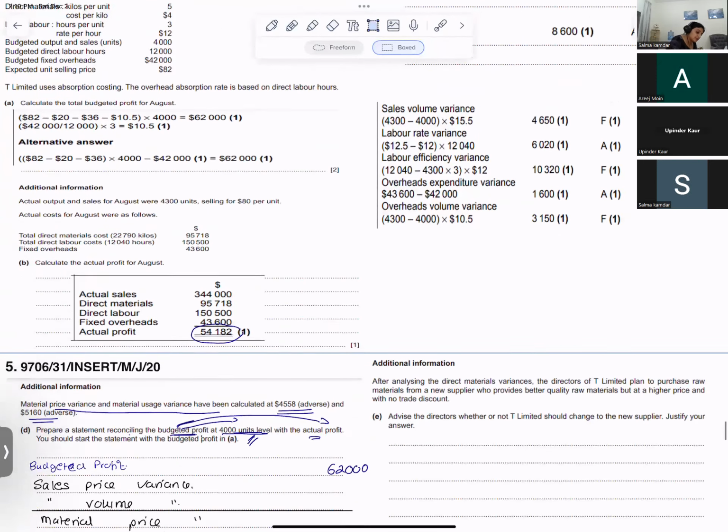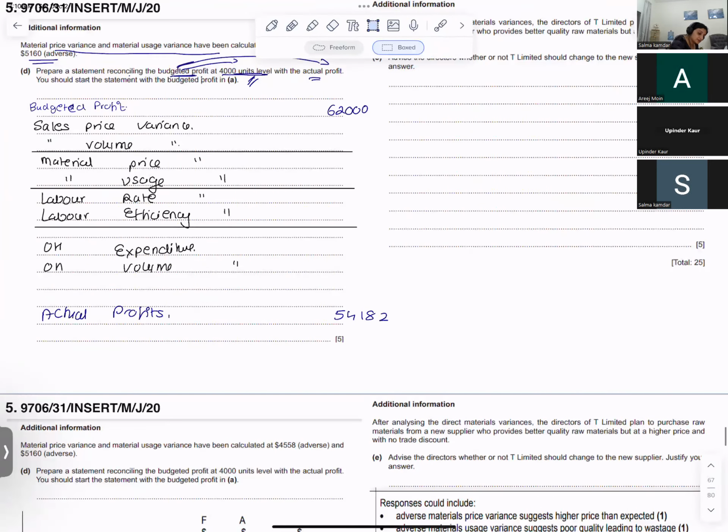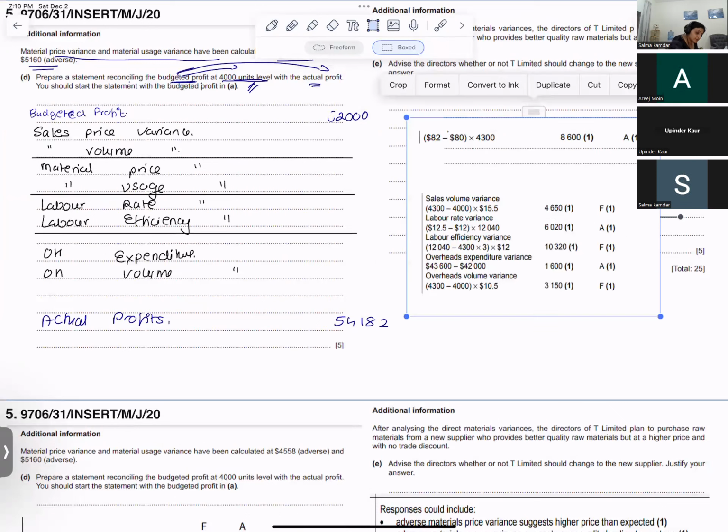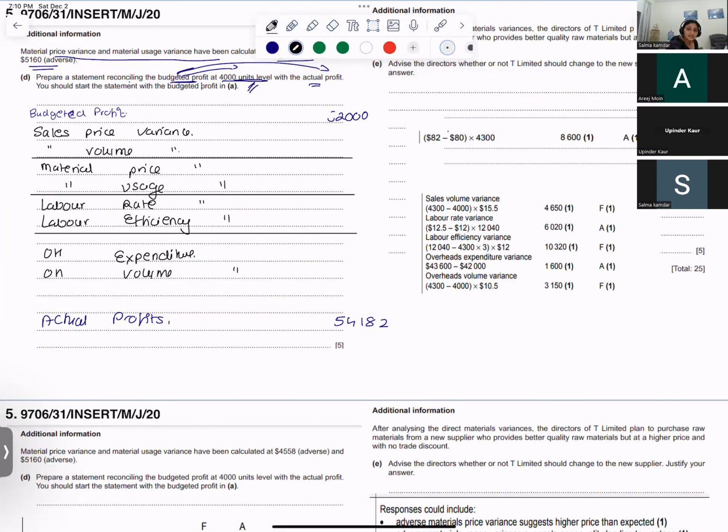Are you all with me? Are you with me, Arich? Yes, miss. Okay, come on. Whatever is adverse, you will put it in brackets, negative. Whatever is favorable, you will put without the brackets. Are you with me? Adverse in brackets.